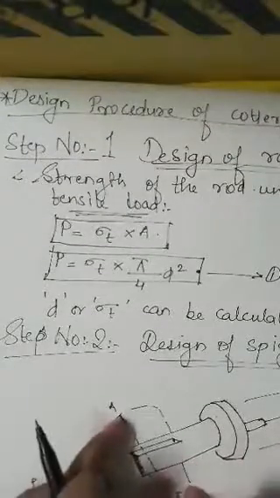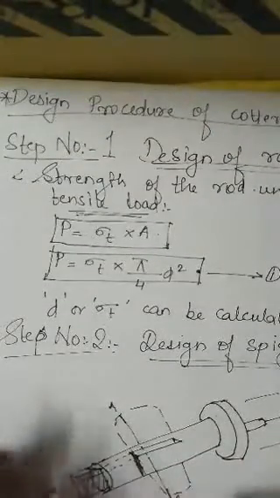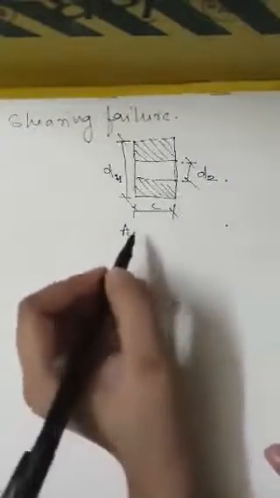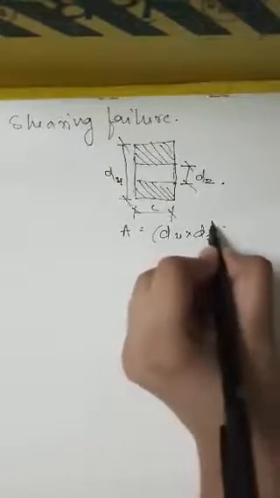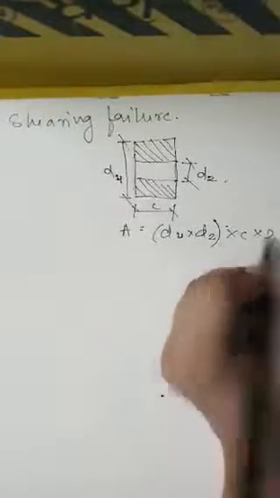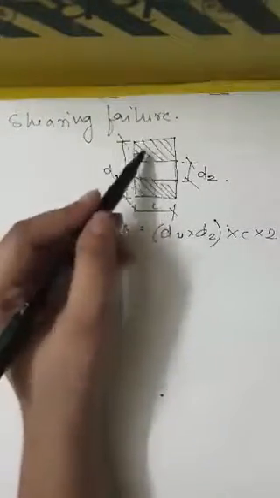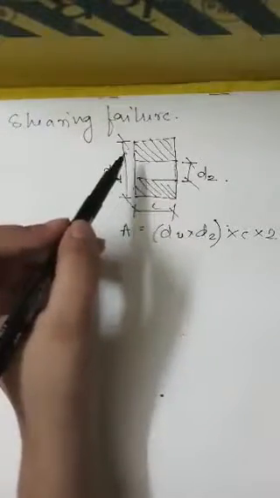Just like in the spigot end where we considered shearing failure, the part which comes out due to the force, in opposition to the force of the cotter pin, we will consider the same for the socket end as well. For this we will have our resisting area as (D4 minus D2) into C into 2, since there are two surfaces, one in the front and the other on the back side.